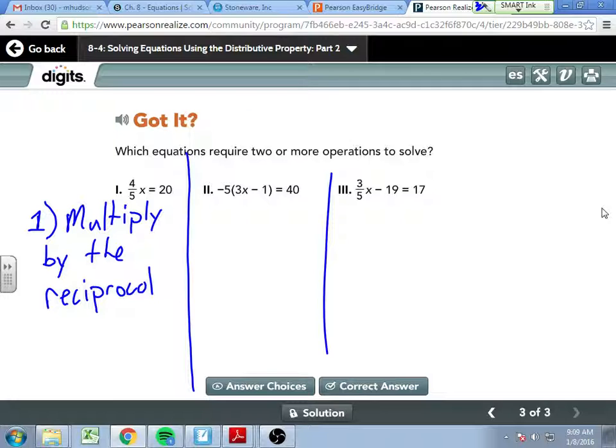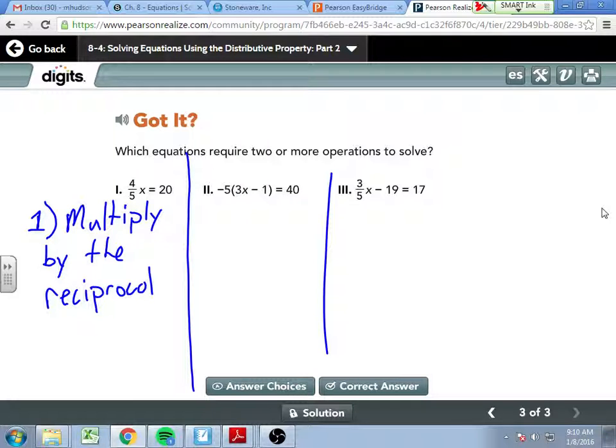Ty, do you know in number 2 what we would do first? Okay. Because we're trying to find what x is, we're not going to be doing the parentheses first. Because we can't. So what we're going to be doing is multiplying the whole thing by negative 5.